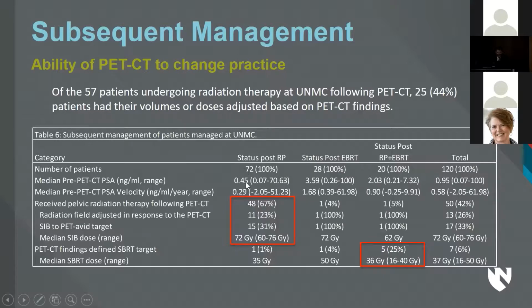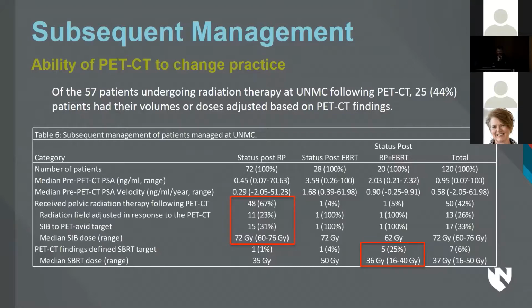Their median PSA was 0.45 with a PSA velocity of 0.29. 48 of them at the time of finishing this analysis, or 67%, had radiation therapy after their PET scan. The radiation fields were adjusted to include these positive lymph nodes in 23% of those patients.